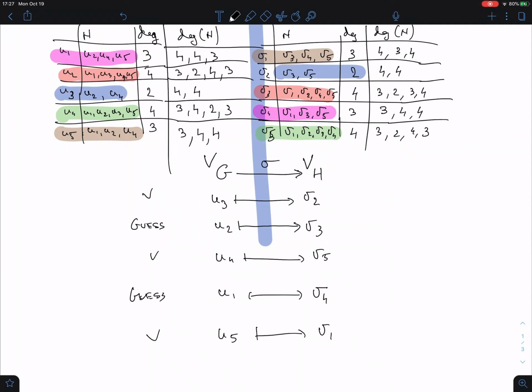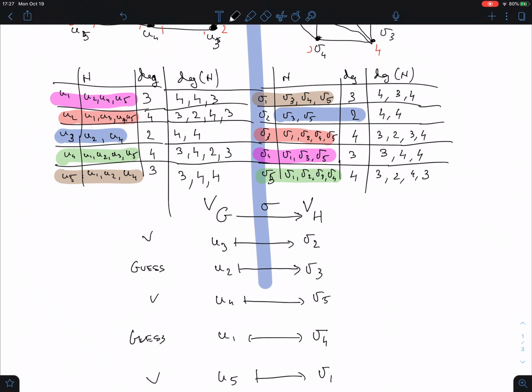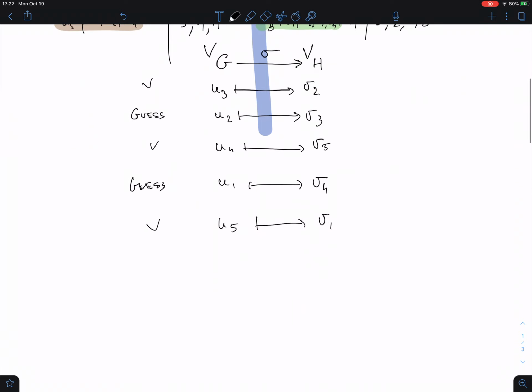So if we calculate the incidence graph of G, let me write it up. So the incidence graph of G, just using the usual order, let's do this, U1, U2, U3, U4, U5.